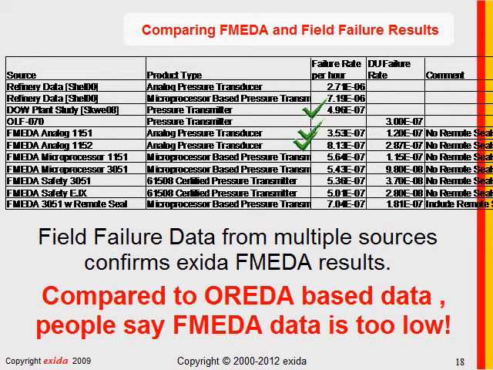They're not that far off from the Dow study, which is a number between roughly 3 and 7 times 10 to the minus 6. But that study doesn't indicate whether the failure rate includes such things as impulse line or remote seals.